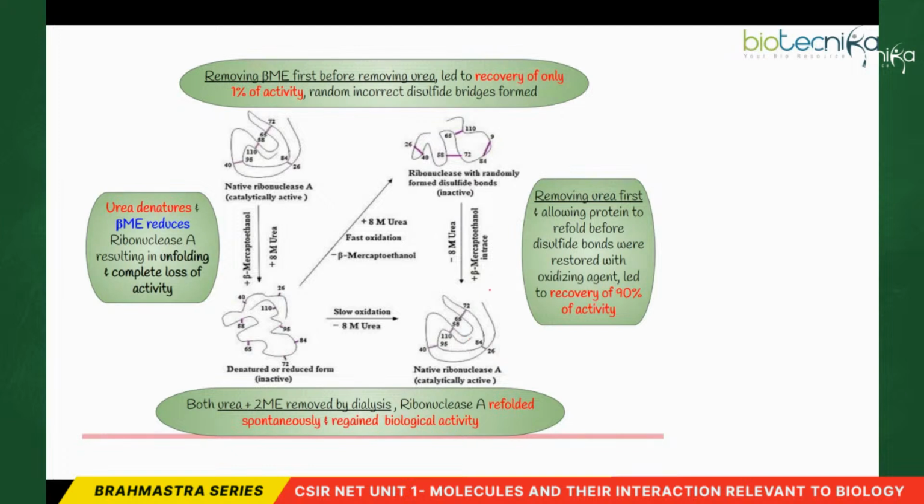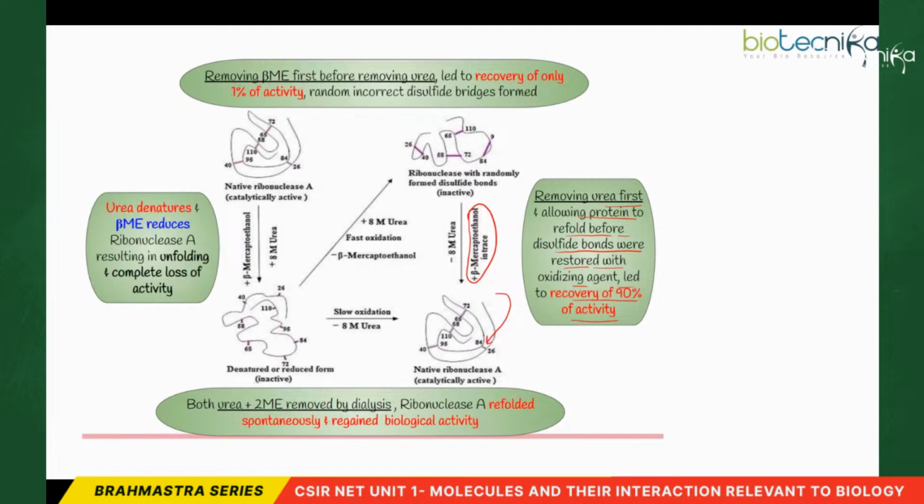But if that happens, if you put beta mercaptoethanol in trace amount, then it is possible that whichever incorrectly bonded disulfide bonds were there, those will be broken and the correct ones will form. So removing urea first and allowing protein to refold before disulfide bonds were restored with oxidizing agent, it will lead to recovery of 90% of activity.